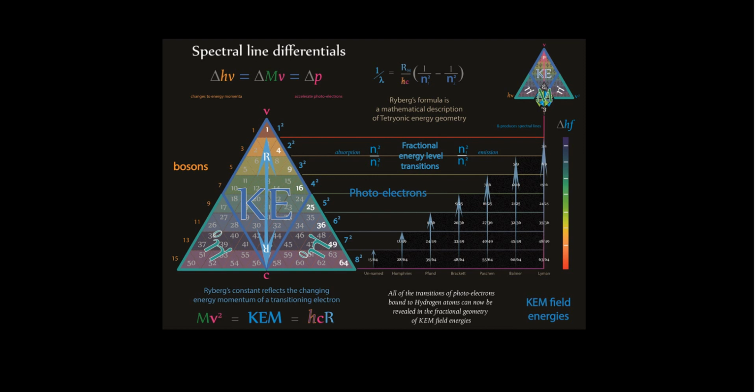But changing the energy results in a change of linear momentum. Delta h nu changes energy, changes the scalar energy, which changes the square root linear momentum. And I call that a spectral line differential.